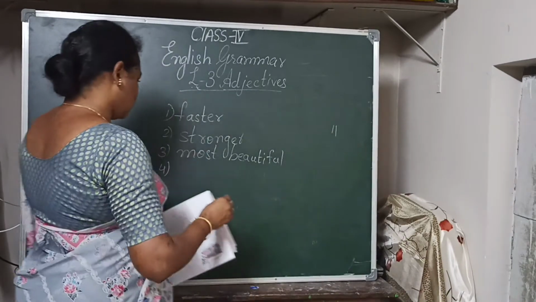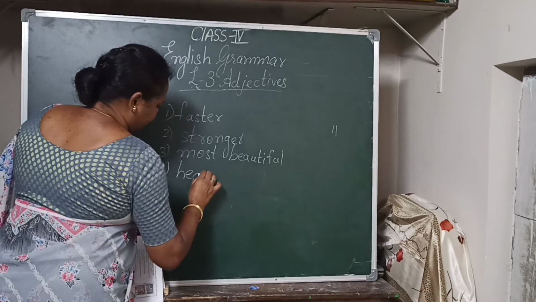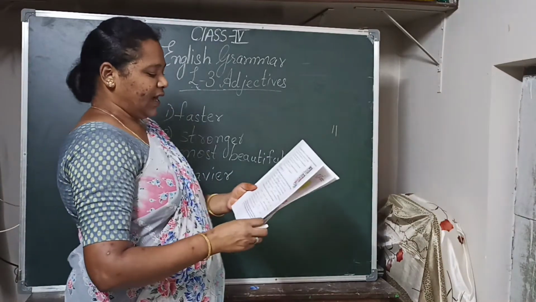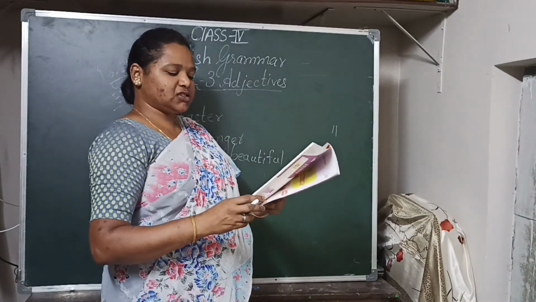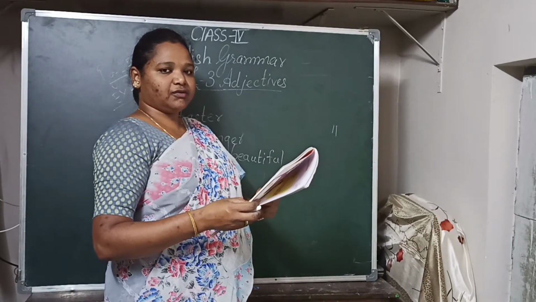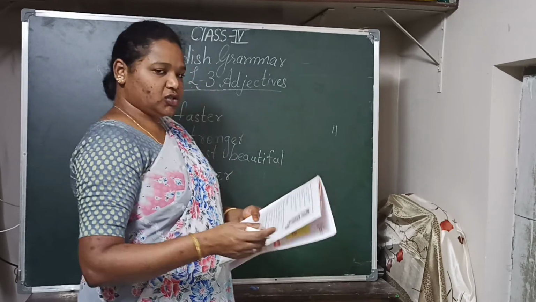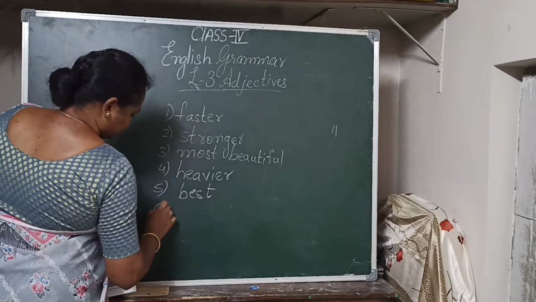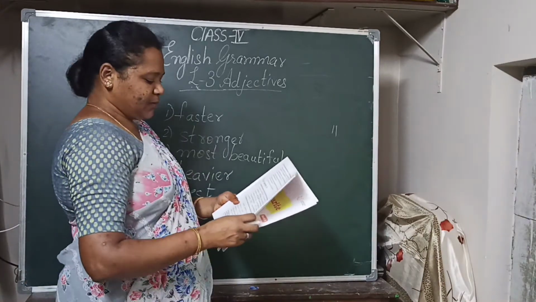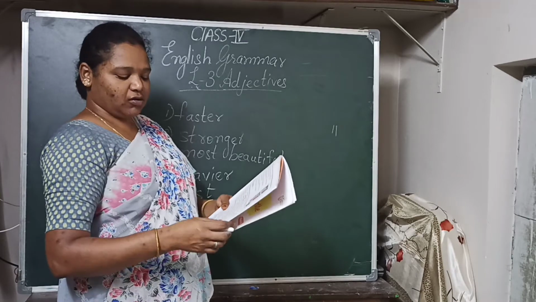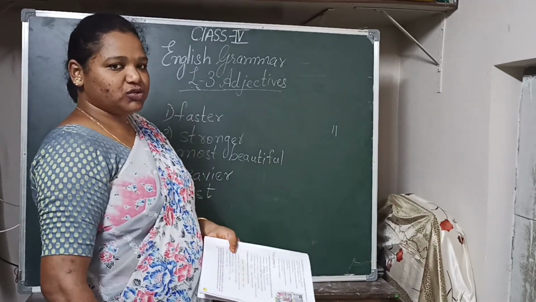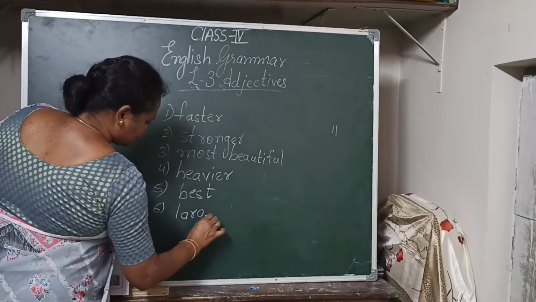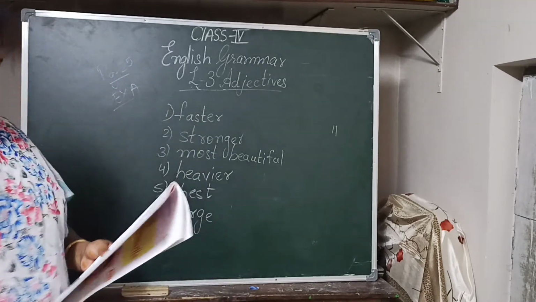Heavy. So the correct form of heavy is heavier. The architect wanted to design the dash building in the town. They have given the adjective good. So best. Simi bought a dash carpet for the dining hall. Huge. So we can't write huger or hugest. What will we write? Large. Copy it down.